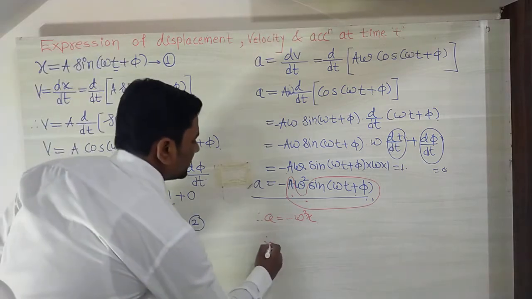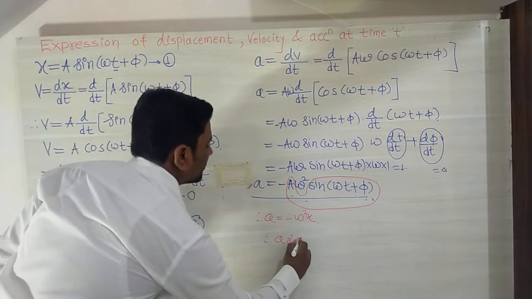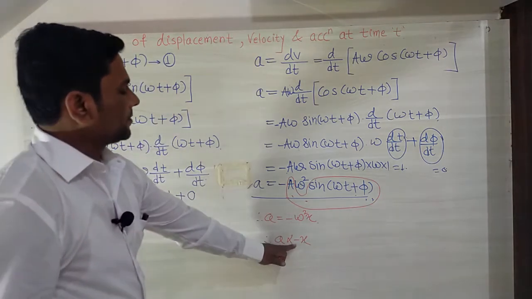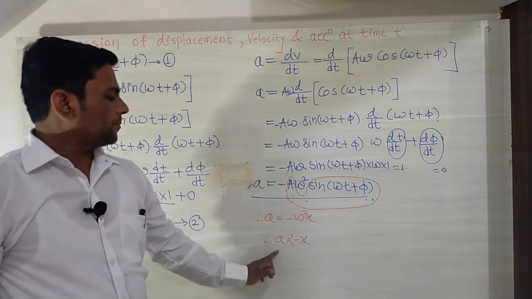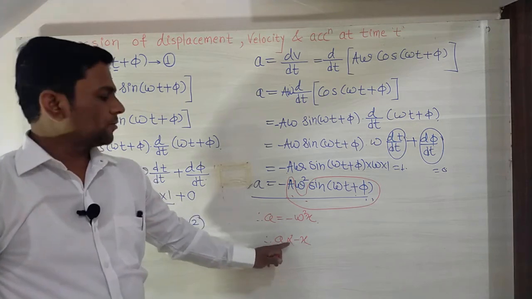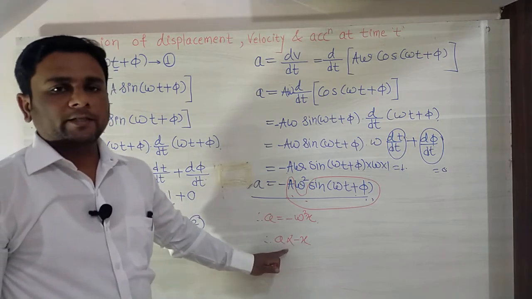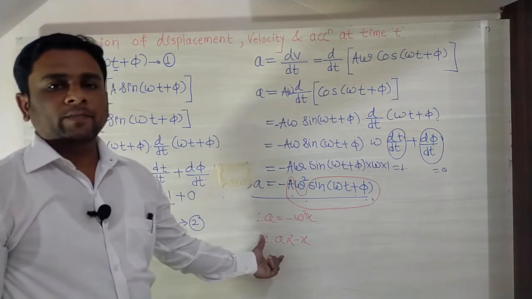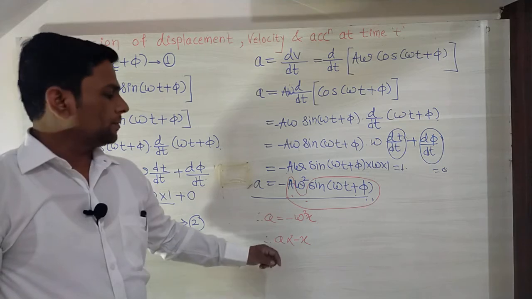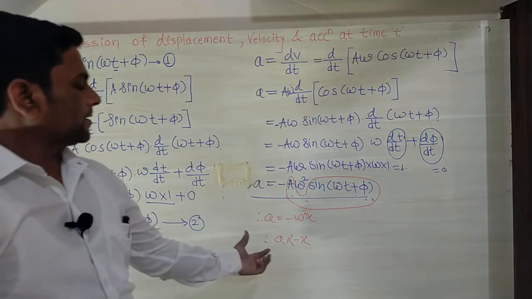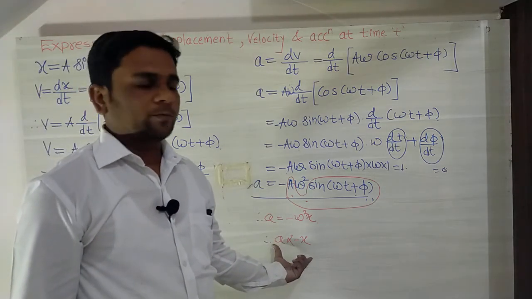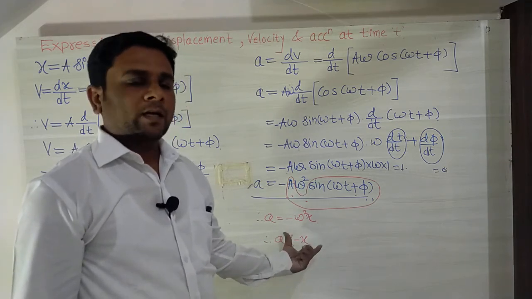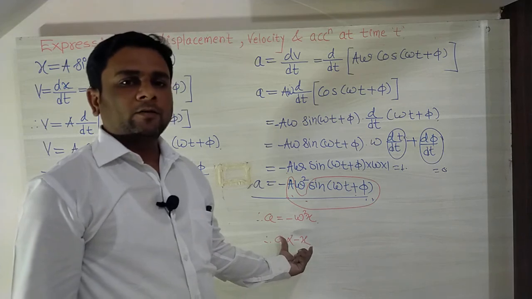This means that acceleration is directly proportional to displacement, and that negative sign indicates that they are oppositely directed. So the condition of simple harmonic motion is satisfied by that general equation. So at a general time t, the particle performing simple harmonic motion satisfies the condition of simple harmonic motion: acceleration and displacement are oppositely directed and directly proportional.